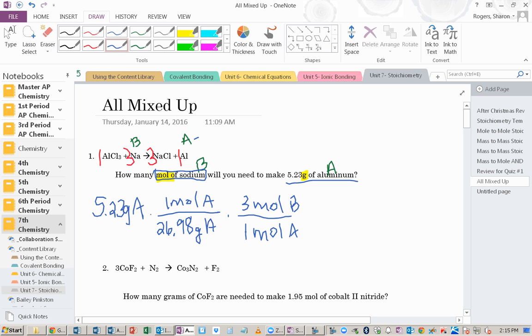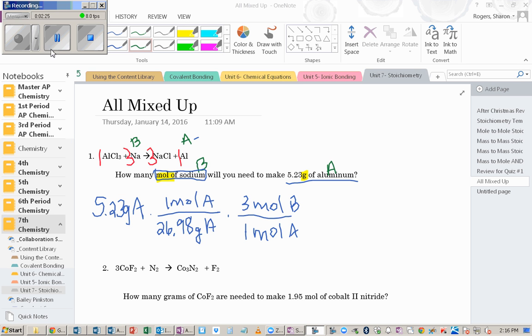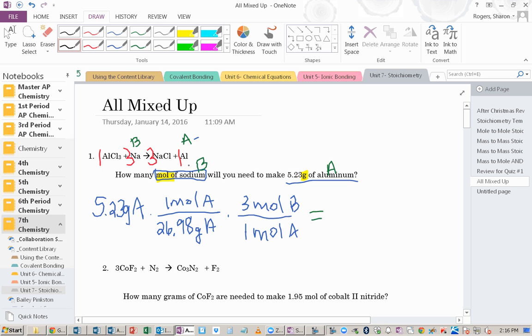Well, what are we looking for? We're looking for grams of B or moles of B? When I solve this, I'm going to get moles of B, and that's what I want.